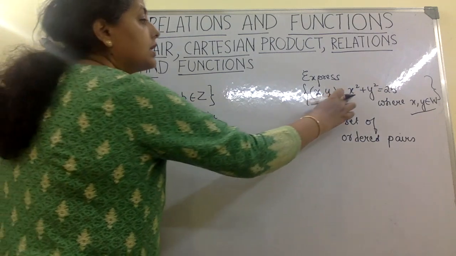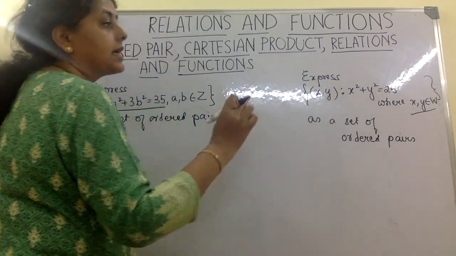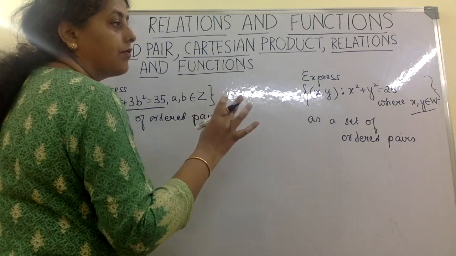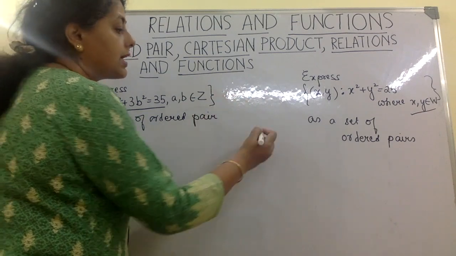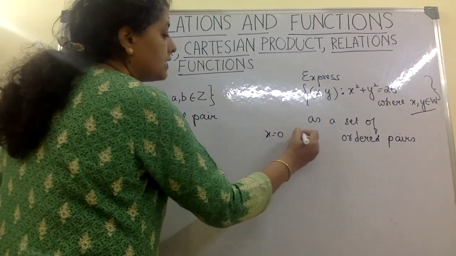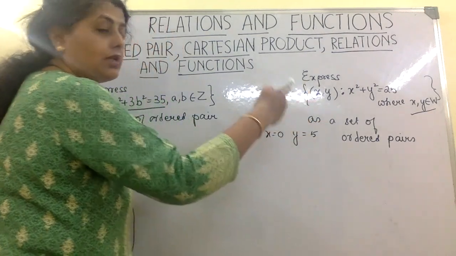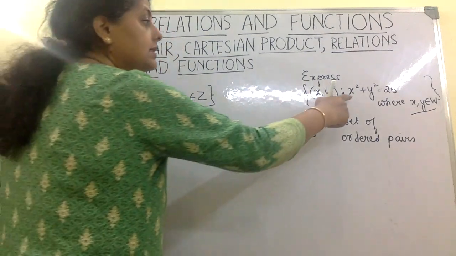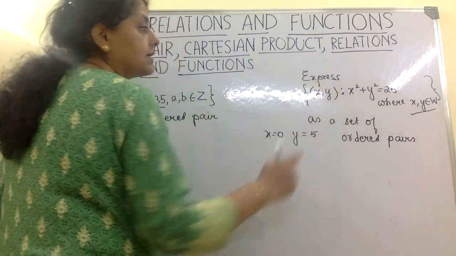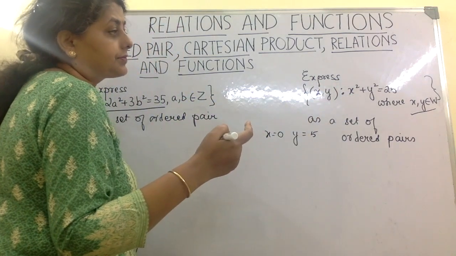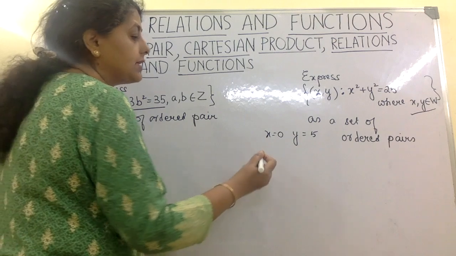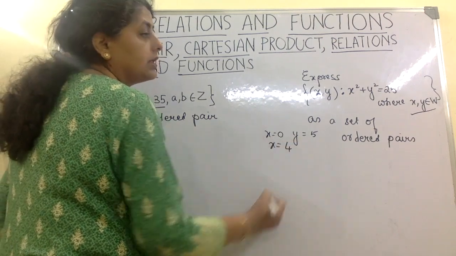So first, if I take x as 0, then y is 5, because y square is 25. Then if I take x as 4, then y is how much?